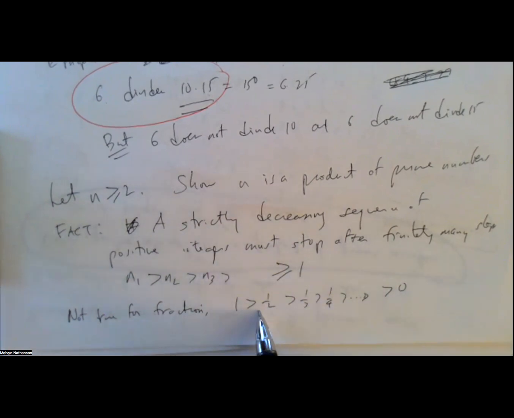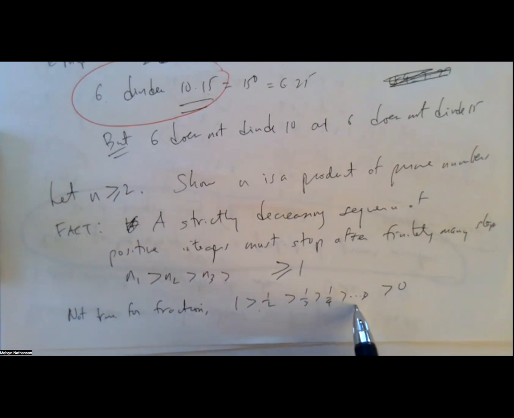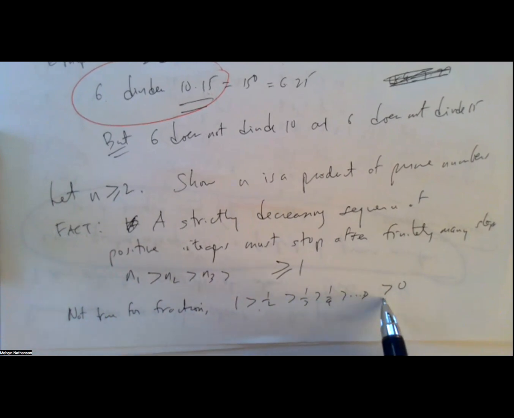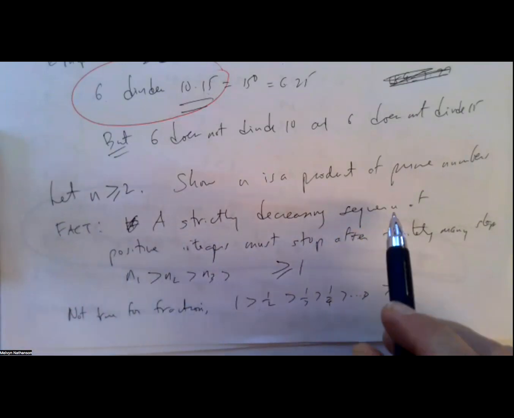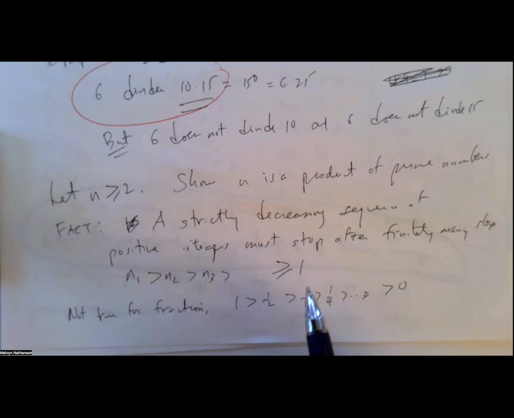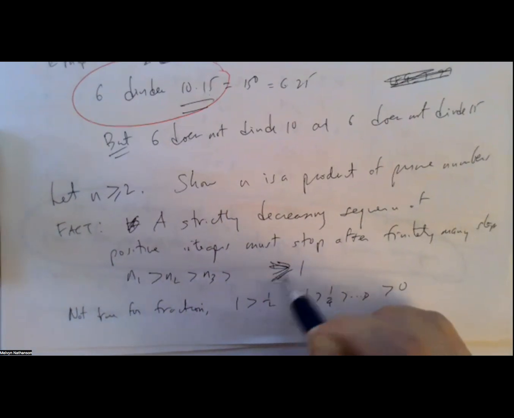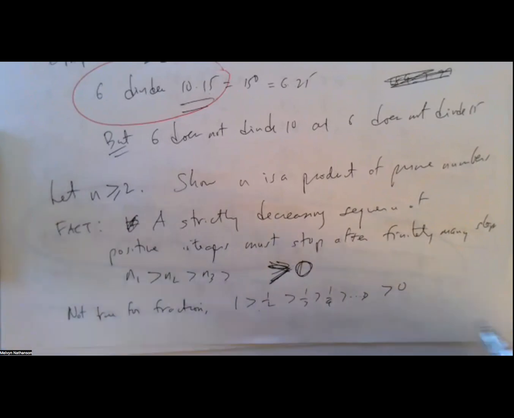This is an infinite, strictly decreasing sequence of positive rational numbers, positive fractions. So you can have an infinite, strictly decreasing sequence of numbers that are greater than 0, positive, that aren't integers. But if they're integers, any strictly decreasing sequence has to stop at some point, right? It can't go on forever.